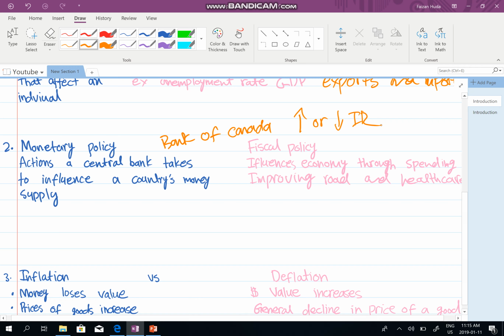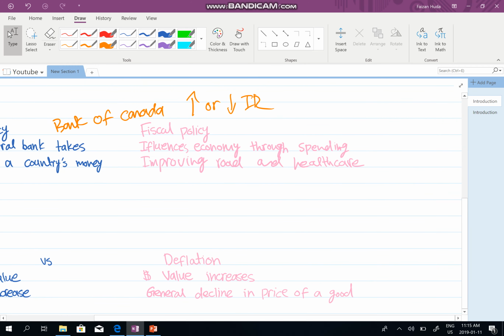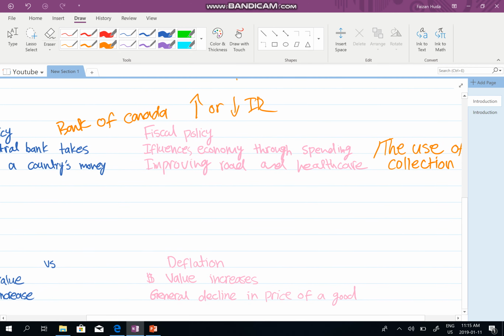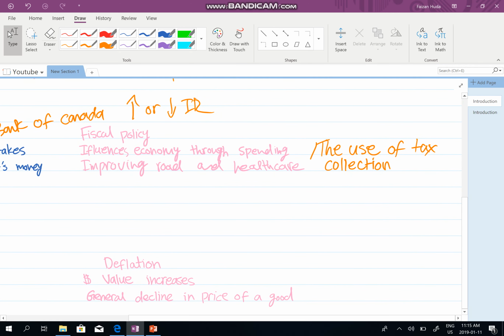However, on the other hand, fiscal policy is the use of tax and revenue collection. In simple words, this means how will the state, or for example the government of Canada if you live in Canada, spend the money it has collected in taxes?